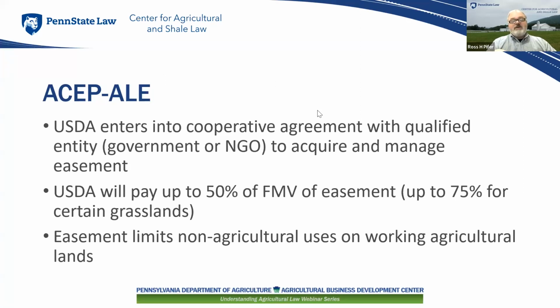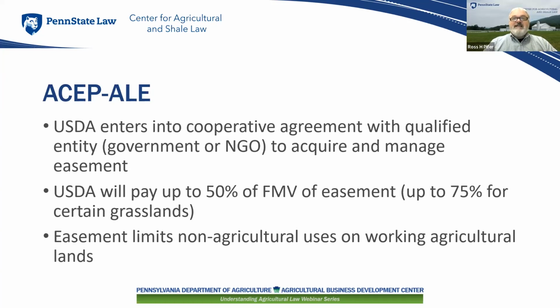And I guess it's important to emphasize here that when we think of federal conservation programs, CREP is probably the one that immediately comes to mind, just because it's the oldest and certainly has been a very popular program. CREP is not a conservation easement. With CREP, the landowner is signing a contract that limits certain activities. But the ACEP-ALE easement, just to highlight this last bullet point on the PowerPoint, is an easement on working agricultural land.